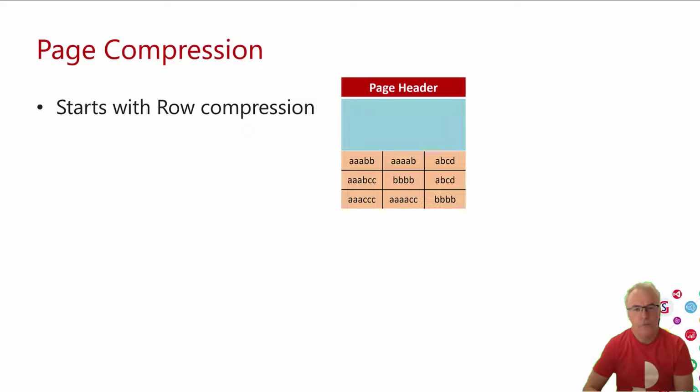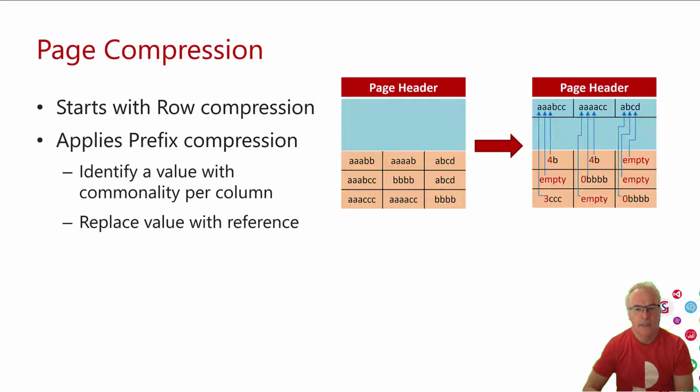So what it'll look for first of all is prefixes on the data there. Where it can find those common prefixes, it will pull those out, store them in the header, and replace it with a code value in the actual row itself. So we can see that first example in the first left column. It's identified that there is the string AAABCC that it can pull out.